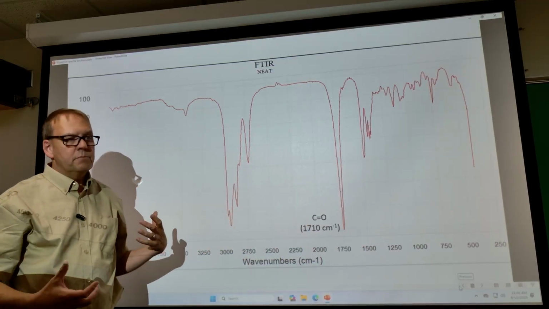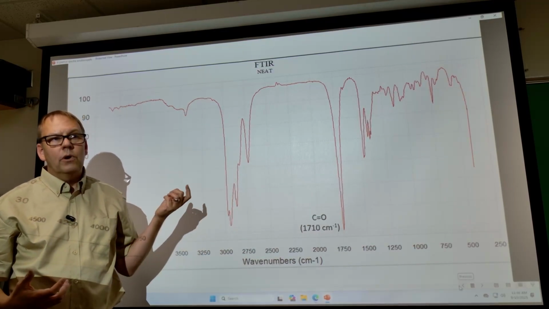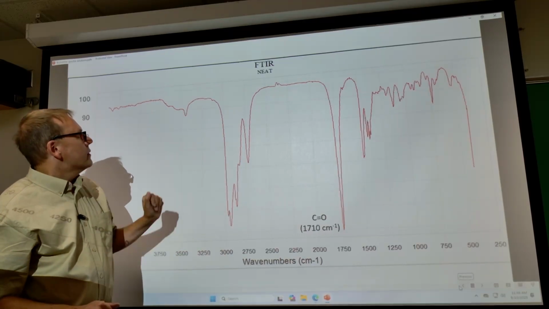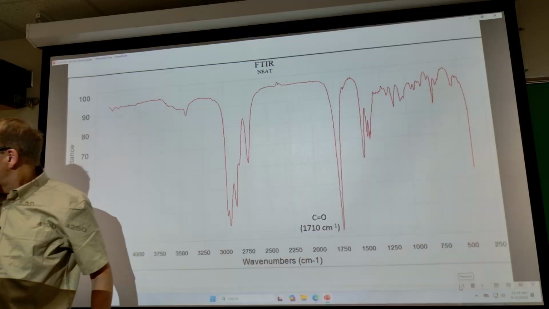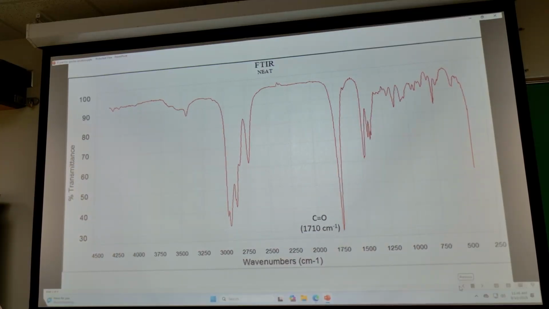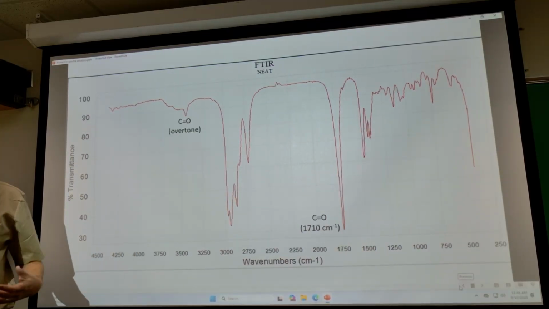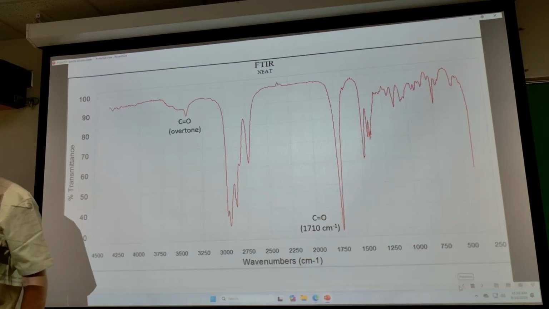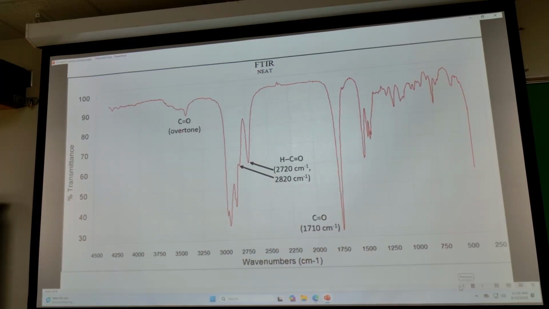It's probably an aldehyde, ketone, or carboxylic acid just based on the frequency of that peak. There's also an overtone over here that you can see, and that's what I'm going to highlight next. And then there's some other signals too. Let's take a look and see what else we've got.